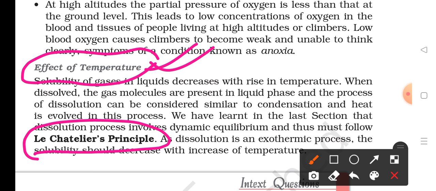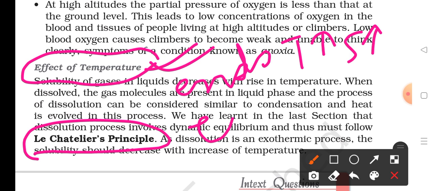Okay, so what we learned in that video is that when there is an endothermic reaction, then with an increase in temperature solubility also increases, and when there is an exothermic reaction, with an increase in temperature solubility decreases. And in the case of a gas in a liquid solution, this reaction is exothermic.